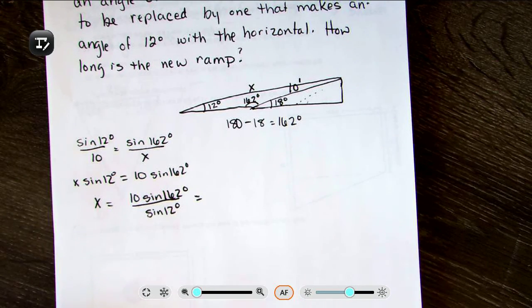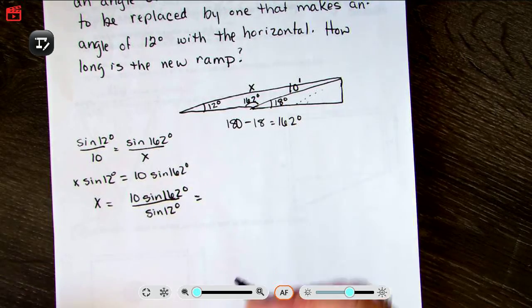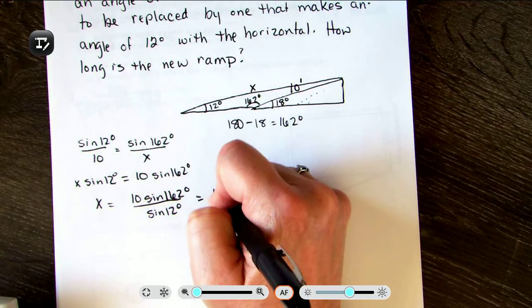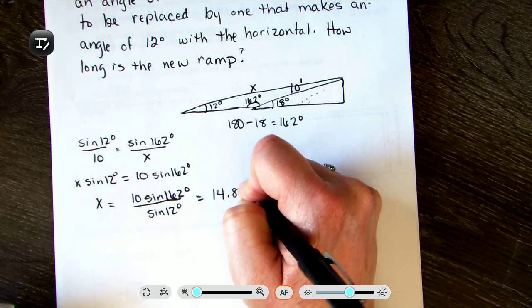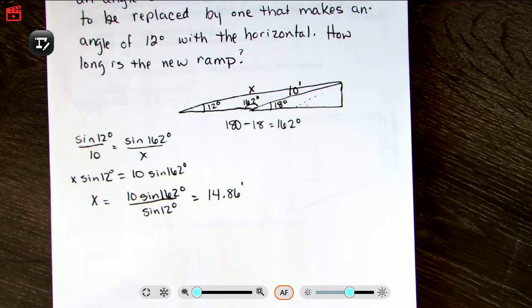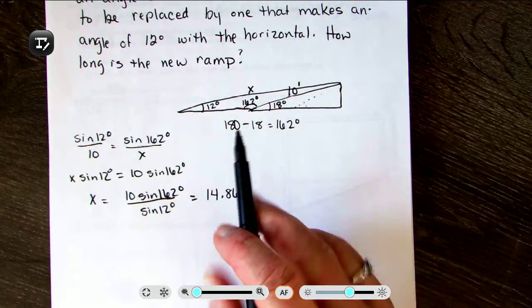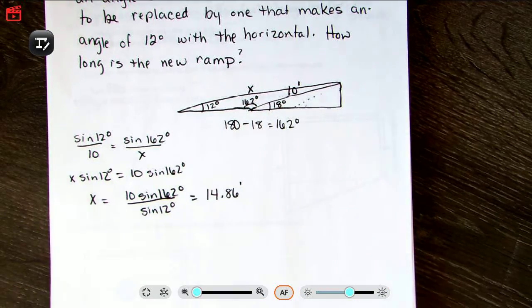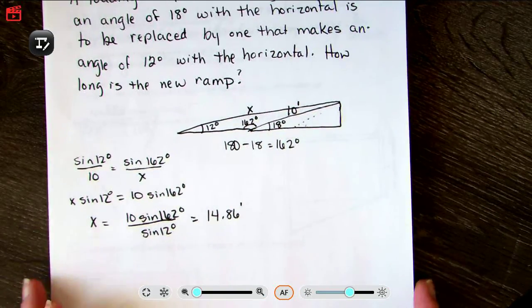Well, this one didn't take me very long at all to do. I feel pretty impressed this morning. Divided by the sine of 12. And I see that this is about 14.86, and that would be in feet. All right, so that's how long, and notice it is longer, which makes sense for our problem.